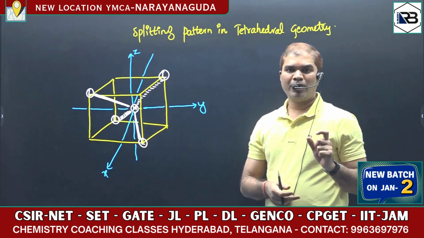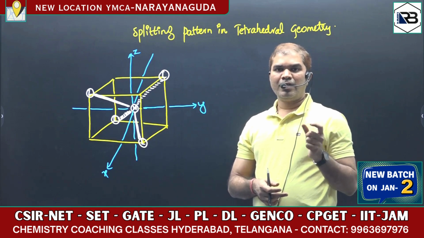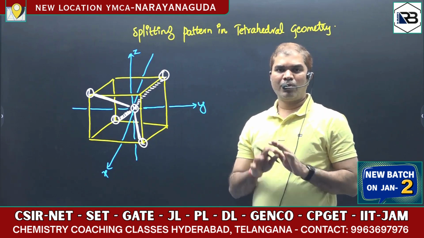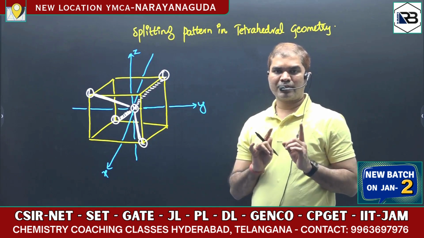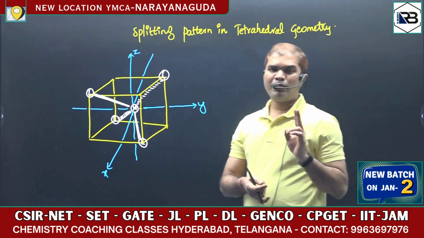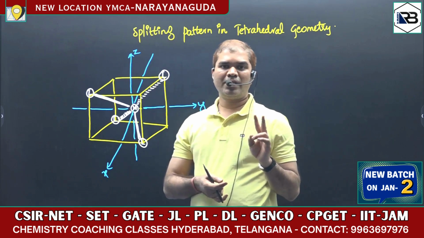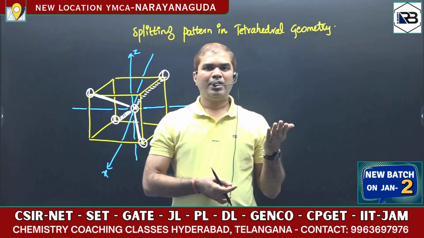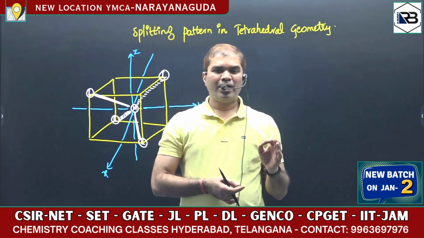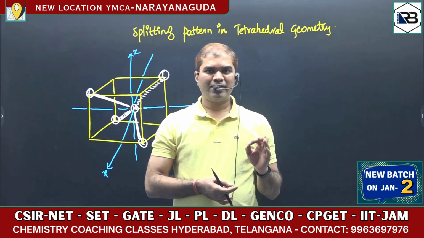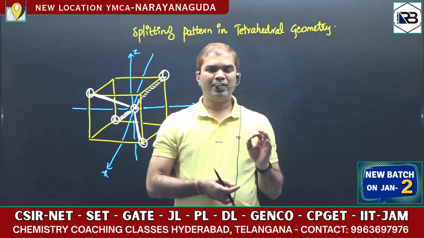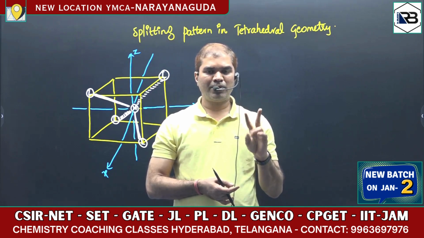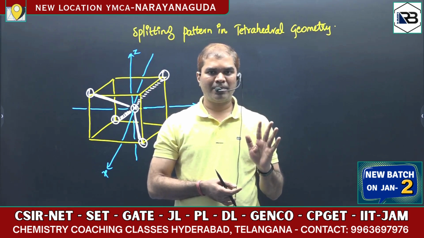In the octahedral geometry, all the ligands approach the metal along the axes. Along the axes we have two orbitals, which we call axial orbitals, dz square and dx square minus y square. They are raised in energy. But in tetrahedral geometry, no ligand is approaching along the axis, and these ligands make two different angles with respect to the 5 d orbitals present on the metal.